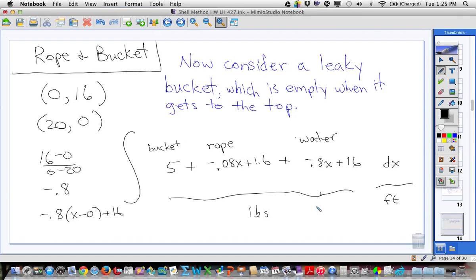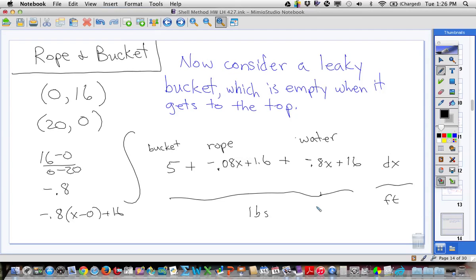Or like we did earlier, you could do just 0.8 times 20 minus x, right? 0.8 is the pounds per foot that you're losing times 20 minus x, which is the feet that's been pulled up. Or the feet that's left. So this time you have 2 of them that have equations because you have 2 of them that are changing weight. The rope is changing weight as it comes up, and the water is changing weight as it comes up. And you get those 2 situations there.